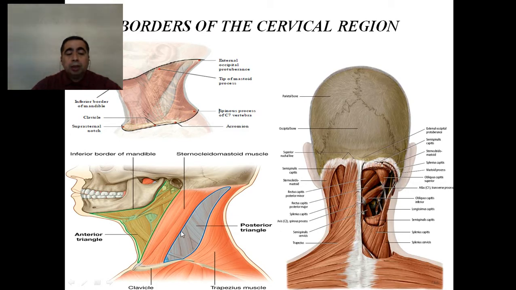The sternocleidomastoid muscle is a very important anatomical landmark, and it has two heads, the medial head which originates from the sternum and the lateral head which originates from the sternal end of the clavicle. Then these two heads connect to each other and the muscle attaches to the mastoid process of the temporal bone. This is the posterior view of the cervical region.